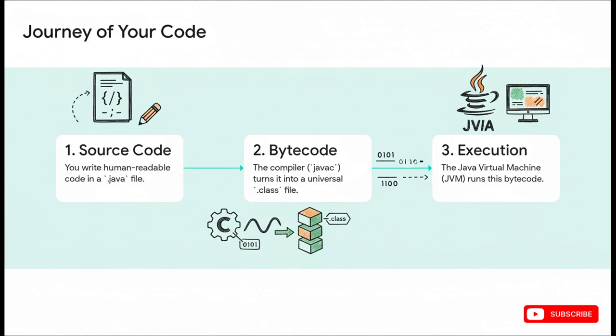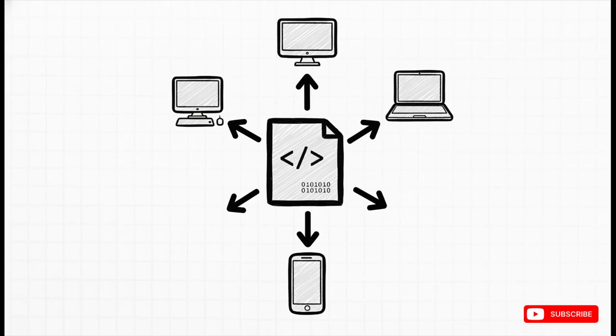Finally, something called the Java Virtual Machine, or JVM, acts as the interpreter. It reads that bytecode and tells your computer exactly what to do. And it doesn't matter if you're on a Mac, a Windows PC, or a Linux machine. And this is the secret sauce of Java. This is where its famous motto comes from: write once, run anywhere. Because the JVM does all the heavy lifting of translating for the specific computer, your one piece of bytecode can run on any machine that has a JVM.